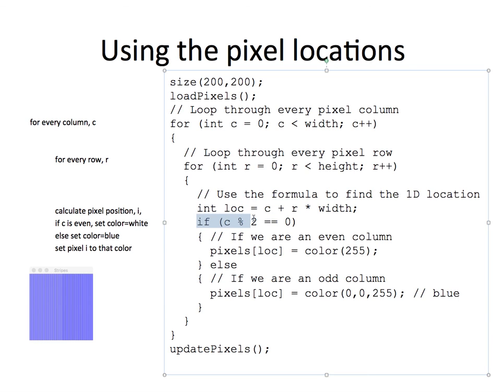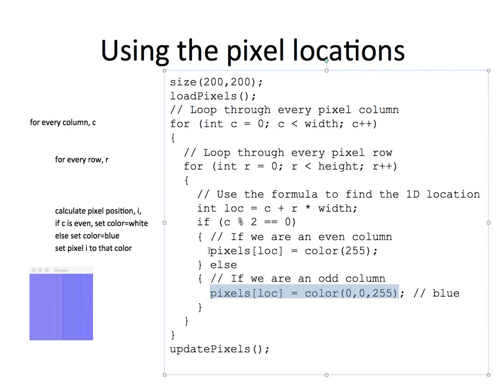Then if the current column value is even, that is, remember we can use the mod operator to divide by 2, and if the remainder is 0, then we're in an even column, so set the stripe colour, if you like, to white. Otherwise we're in an odd column, so set the pixel to blue.